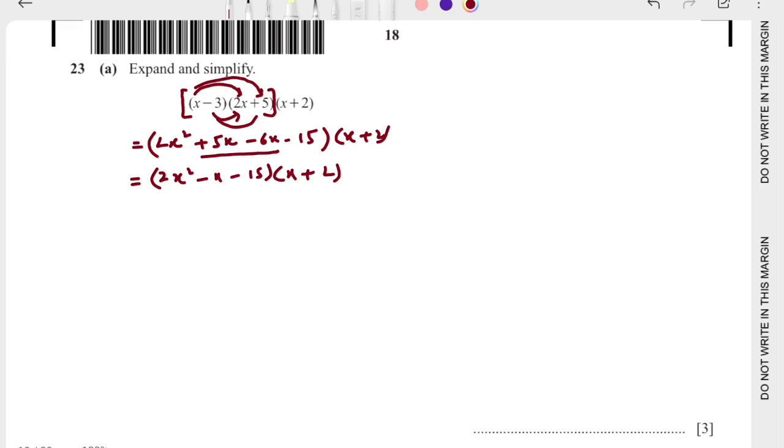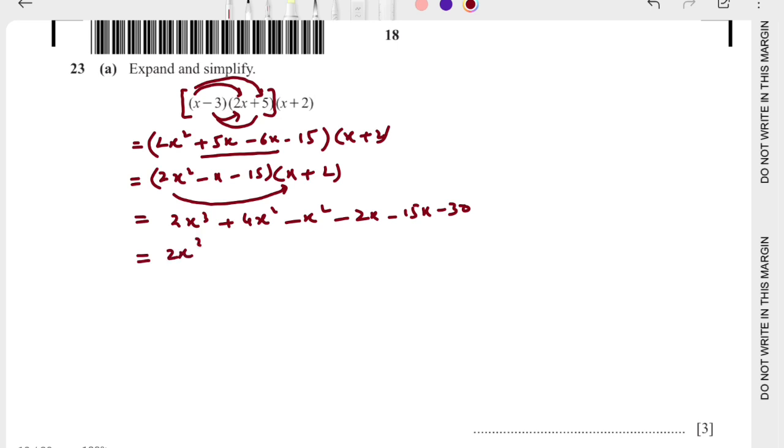So we again multiply this expression by x + 2. So it would be 2x³ + 4x² − x² − 2x − 15x − 30.